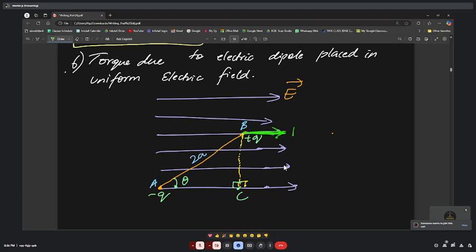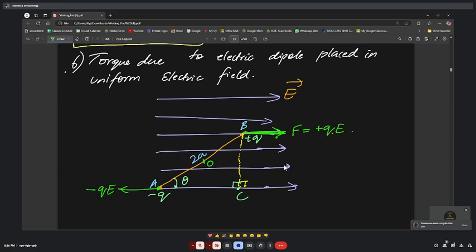This is F, the force experienced by the positive charge, so F is equal to plus qE. In the same way, at point A, the negative charge will experience an equal force, but in the opposite direction, so F is equal to minus qE, acting towards the left. The midpoint of the dipole axis we will call O.